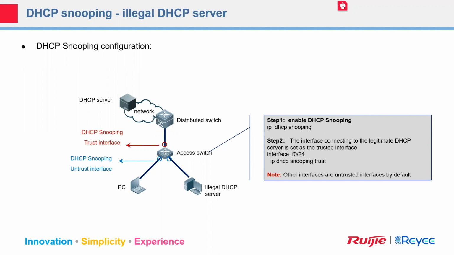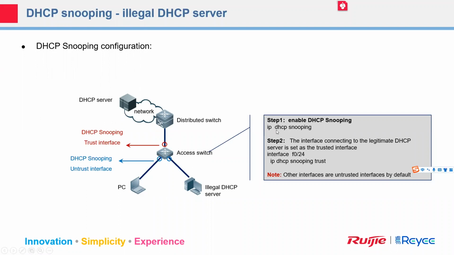If the access switch can recognize what is legal and what is illegal, and the switch doesn't forward the illegal packets to the PC, then finally the PC won't know about the illegal DHCP server in the network. So this is the process to solve the illegal DHCP server problem.